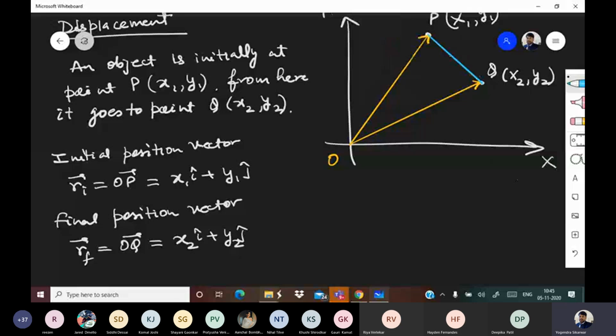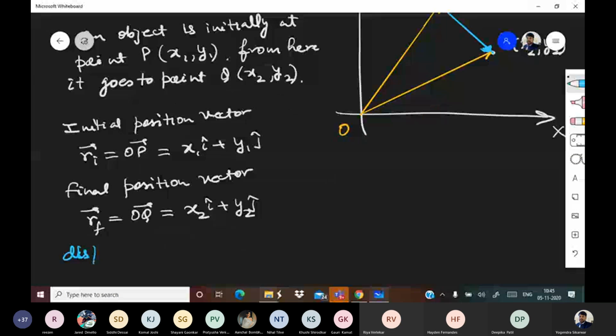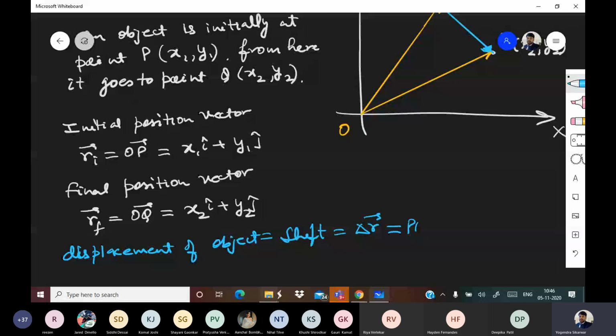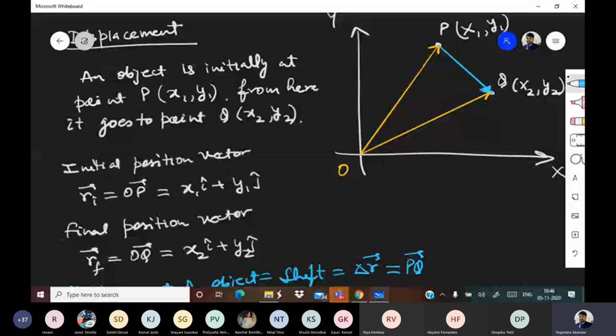So displacement of object is equal to shift, is equal to delta R, is equal to PQ vector. You can see that this is PQ vector, this is OP vector, this is OQ vector. All right.